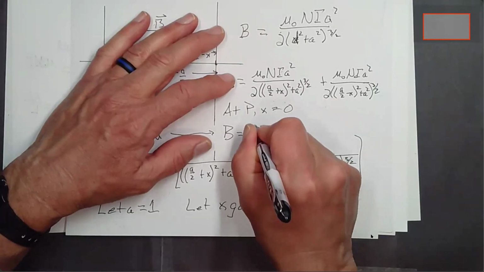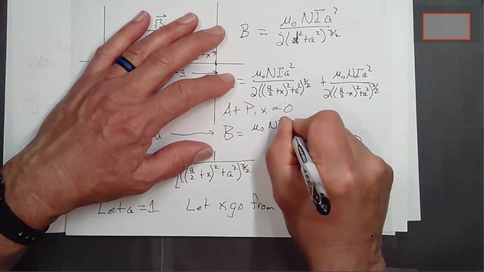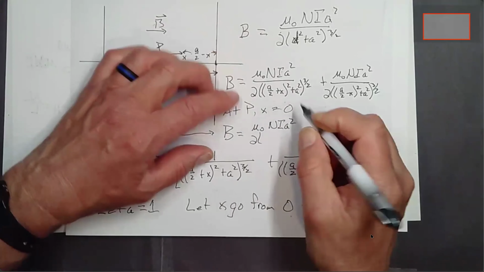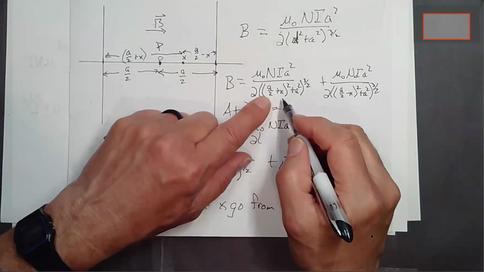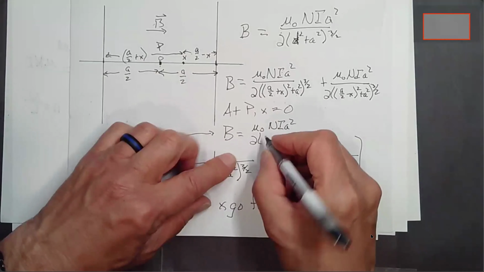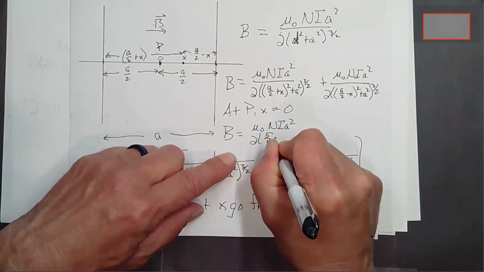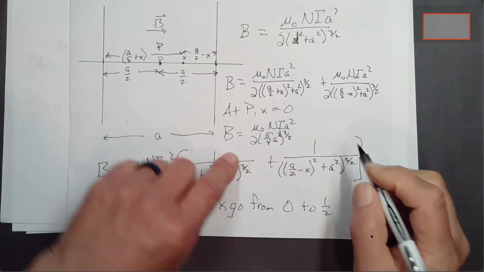So I'll have mu naught N I A squared over 2 times, when X is 0 in here, I'll get A squared over 4 plus A squared. That's just going to be 5/4 A squared to the 3 halves.